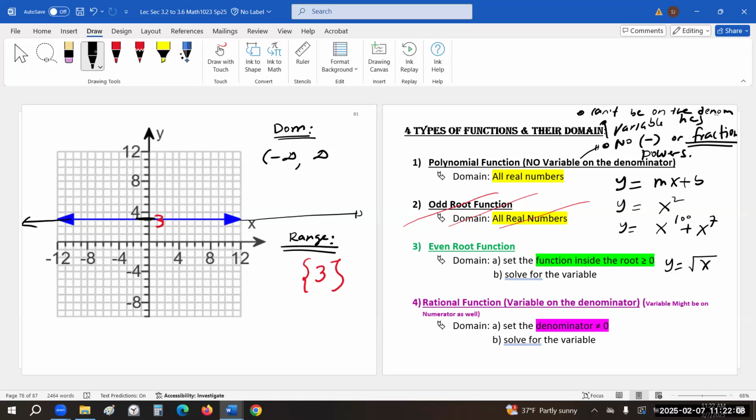Why it doesn't exist? Because square root means find a number, if you multiply the same number twice, it will become the number inside. That's why square root of 25 is 5, because 5 times 5 gives us 25. So when you take the square root, it becomes 5. But if you have -1, can you think of a number when you multiply the same number twice, it will become -1?